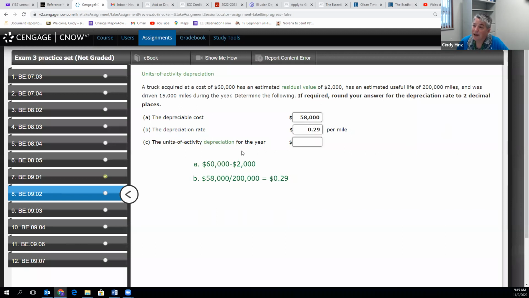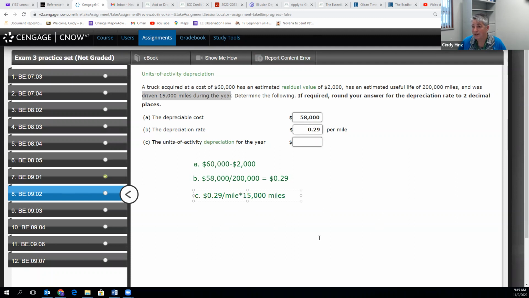For part C then, it asks us to calculate the depreciation for the year in which we drove 15,000 miles. And so for that last calculation, part C, we'll take the 29 cents per mile and multiply by the actual usage.